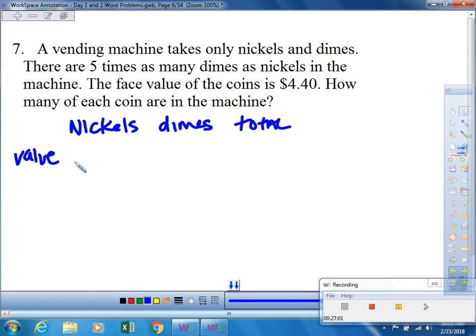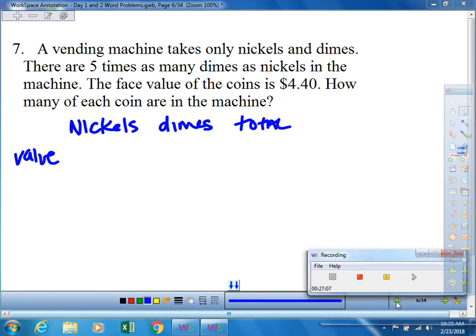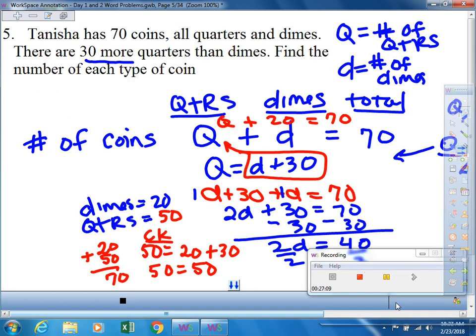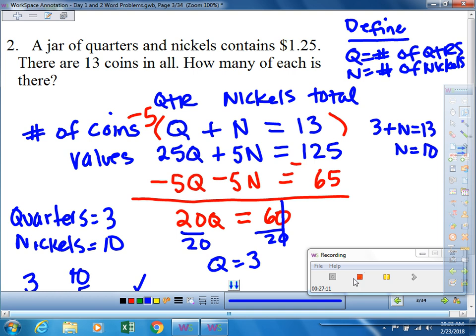So I have a value now. Let's go back to when I had a value. Look at my value statement. My value statement shows the value of that coin times the number of coins, plus the value of the next coin times the number, equals the total value.